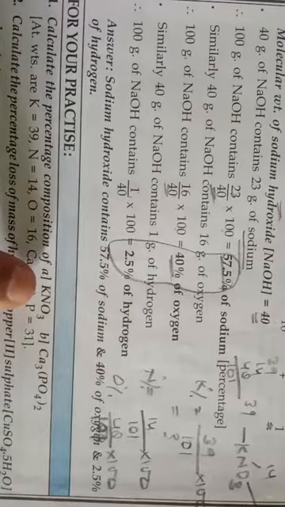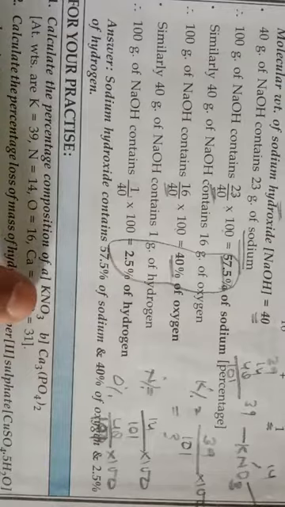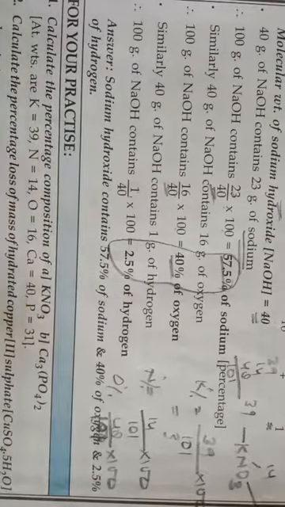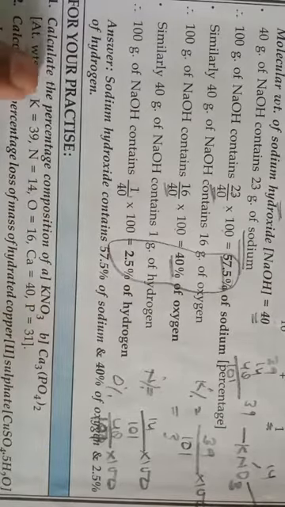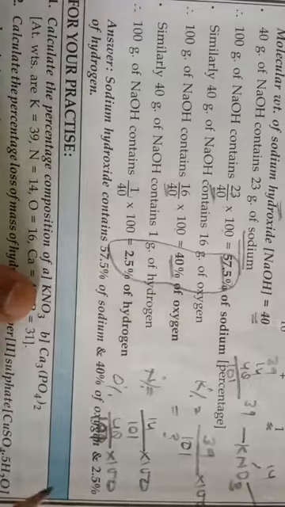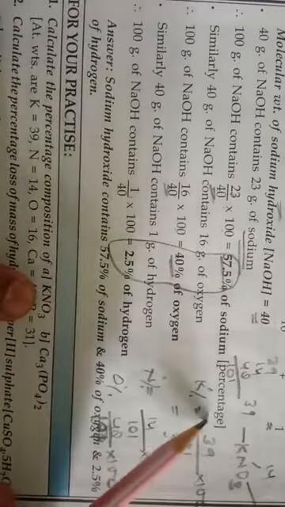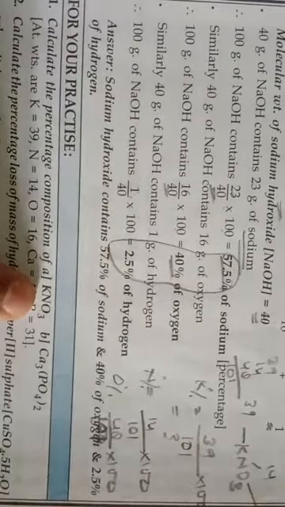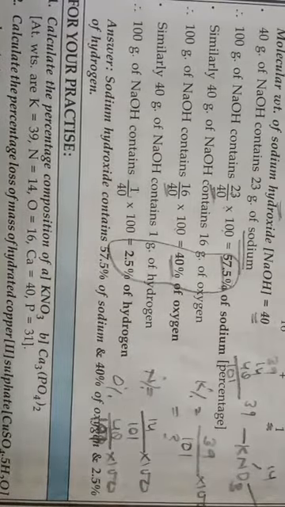In this question you have to calculate only the percentage of nitrogen, and if it is asked to calculate the percentage composition of potassium nitrate, then you have to calculate the percentage composition of all the elements. Okay, so accordingly you have to answer.